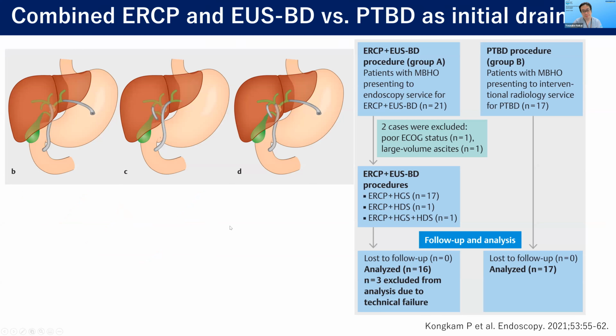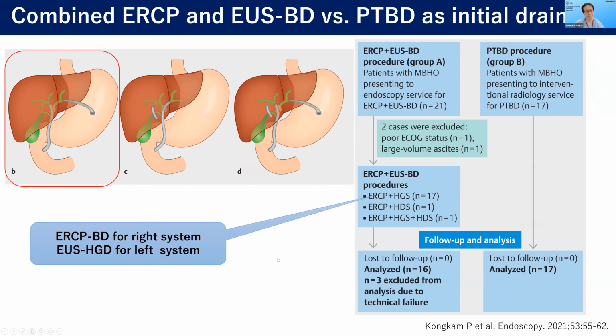This is a report from Professor Kongkam from Thailand. If the patient came to the endoscopy unit, they performed combined ERCP and the EUS biliary drainage technique. And if the patient went to the radiology unit, then radiologists performed PTBD, and they compared these two strategies.